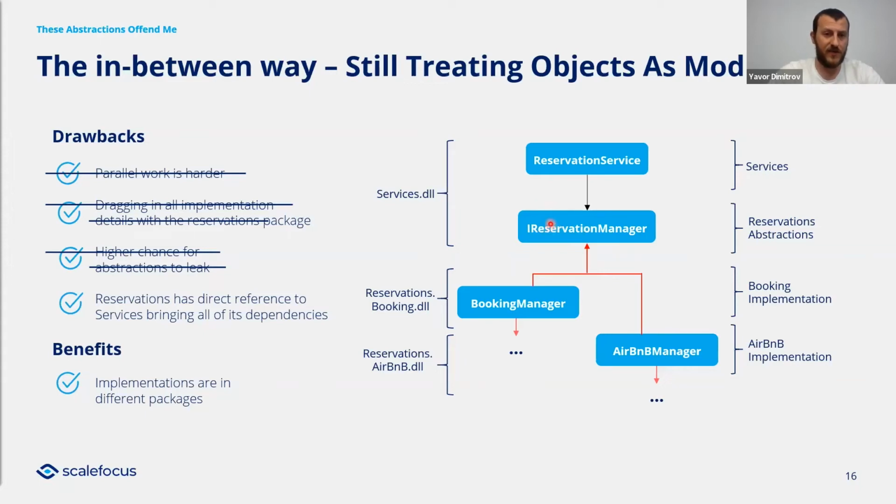And what this does is it allows us to selectively carry different implementations of the different reservation providers. So this way we have one project or one package for our booking implementations, one package for our Airbnb implementations. And when we build our application, we can decide, okay, do I want to use just one of those, both of them, or the other one?